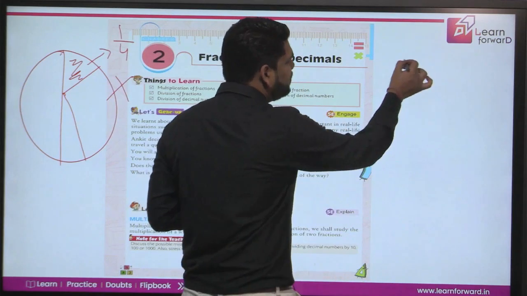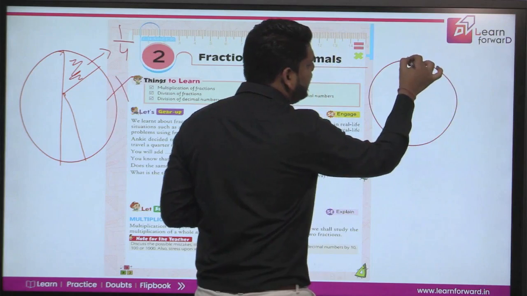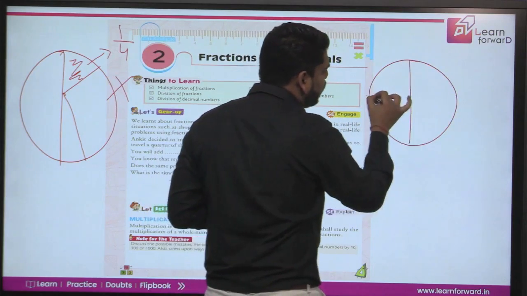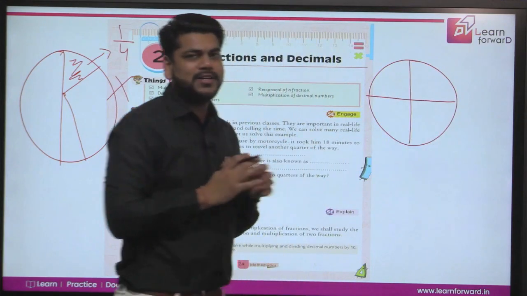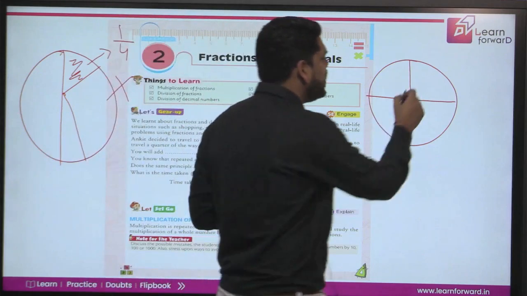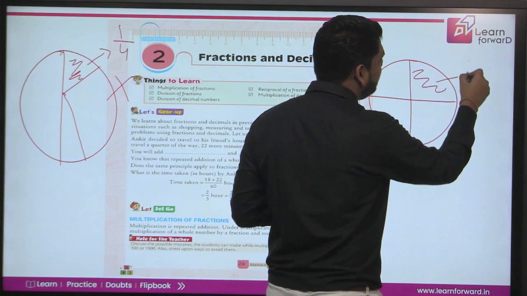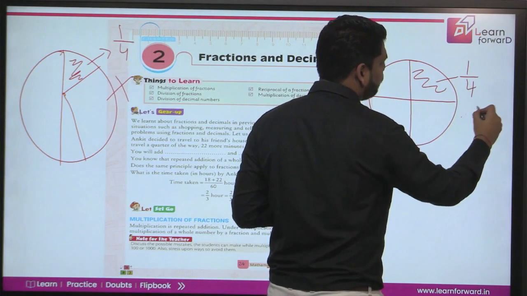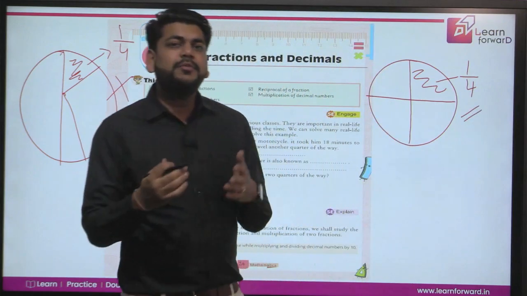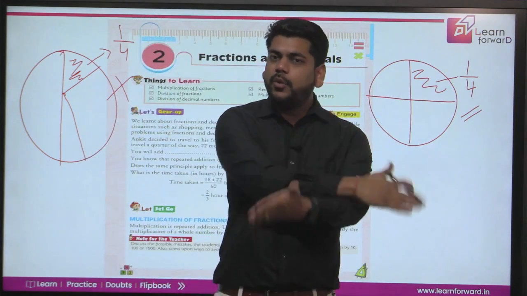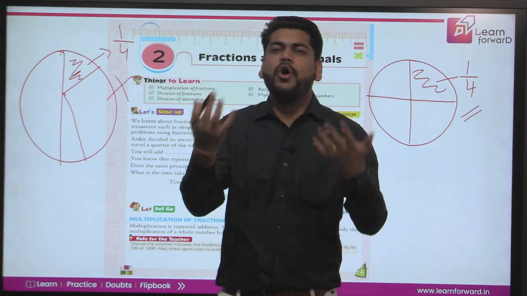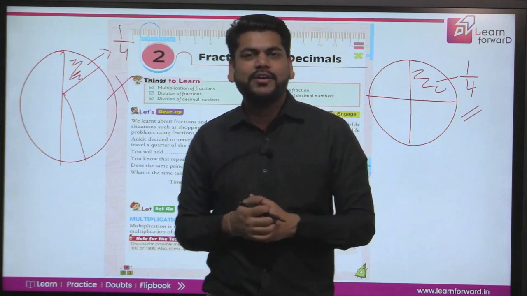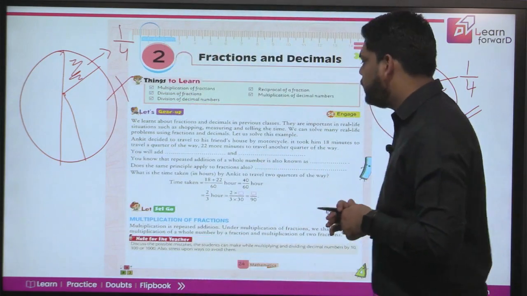If I have a pizza and if I divide it in equal parts, then only you will say the fraction is 1 upon 4. Fine? So fraction means first we need to divide something in equal parts, then we will analyze how much we got and how much we didn't get. Fine? Clear with the concept of fractions?